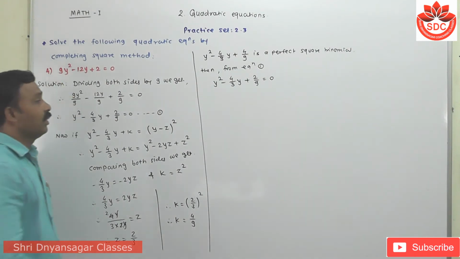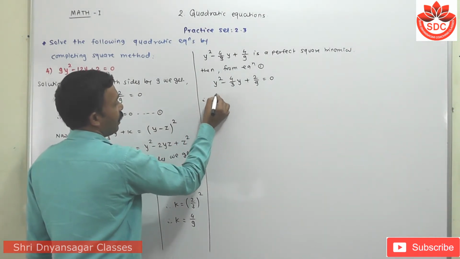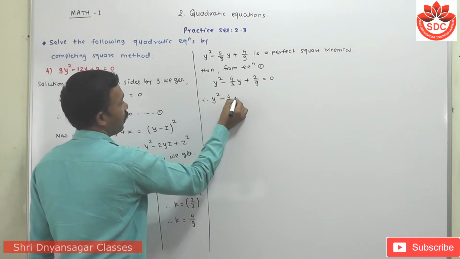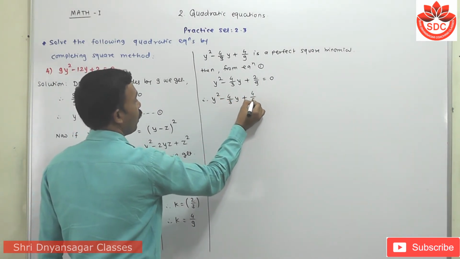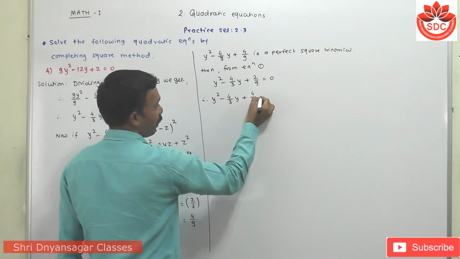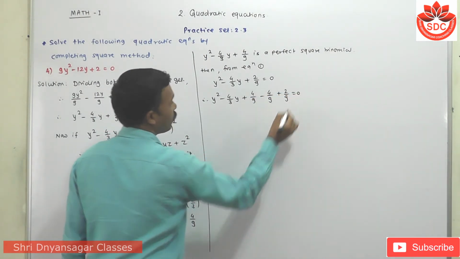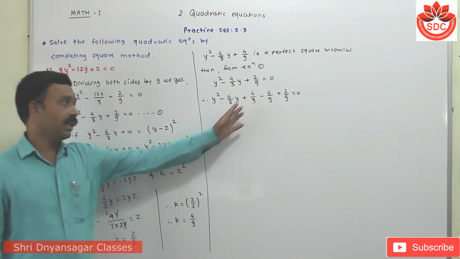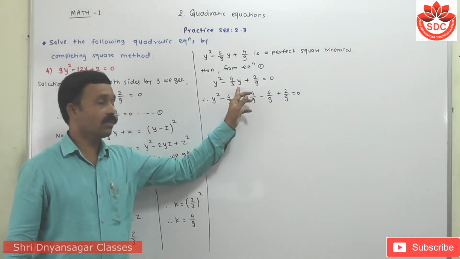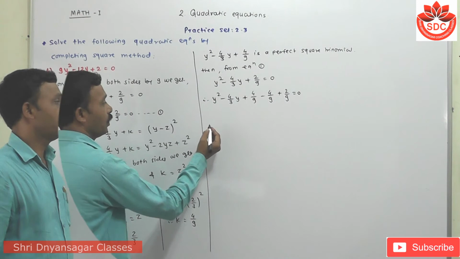Okay. Now, then we write here y square minus 4 upon 3y plus 4 upon 9 minus 4 upon 9 plus 2 upon 9 is equal to 0. Means that they get cancelled, so this is the same as the equation earlier.